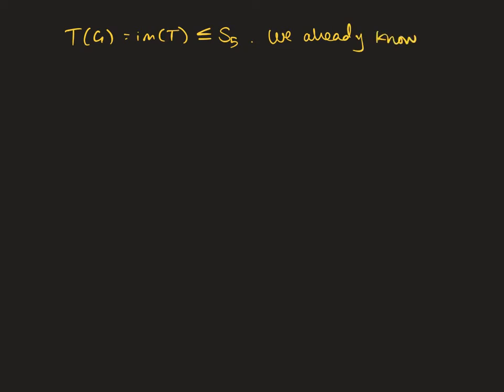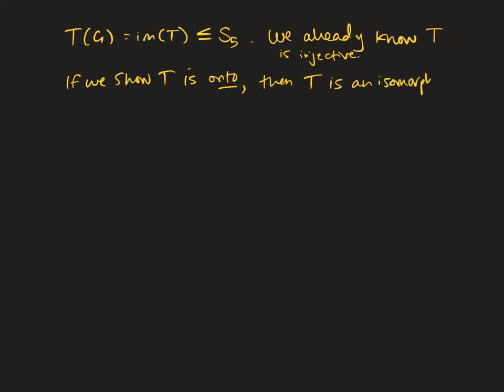That's how we built this function T. We know that T is injective, or one-to-one. So if we can show that T is also onto, then that means that T is an isomorphism of groups, and we finished proving the proposition. That would tell us that G, our Galois group, is isomorphic to S5, which is what we're trying to show.